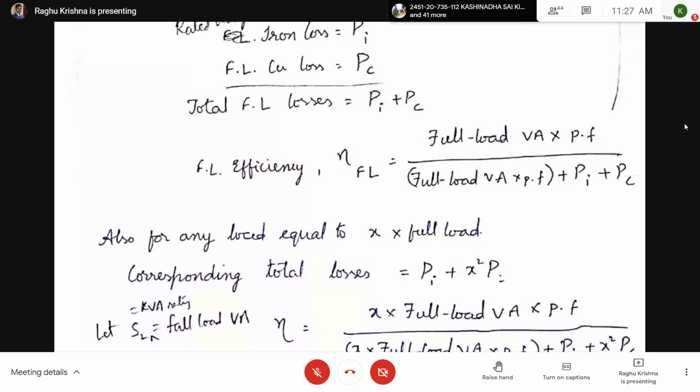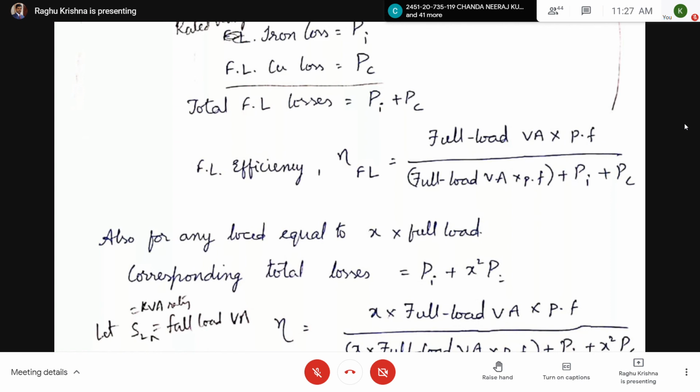Let us find the efficiency at any load. Efficiency at any load: the load is equal to X into full load. What is meant by full load? Full load current means it is the maximum current which can pass through the transformer.